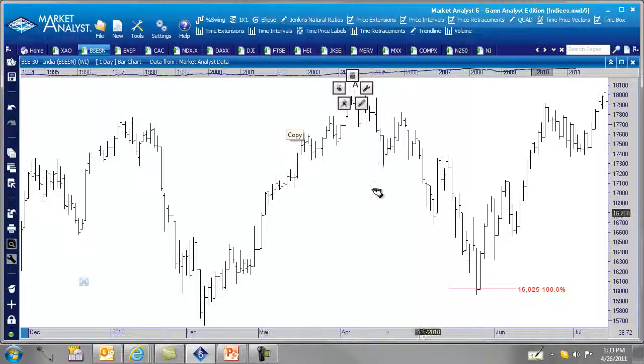Go copy, paste, and just change the letter to B. Copy that one. Copy, paste. Change this one to C.